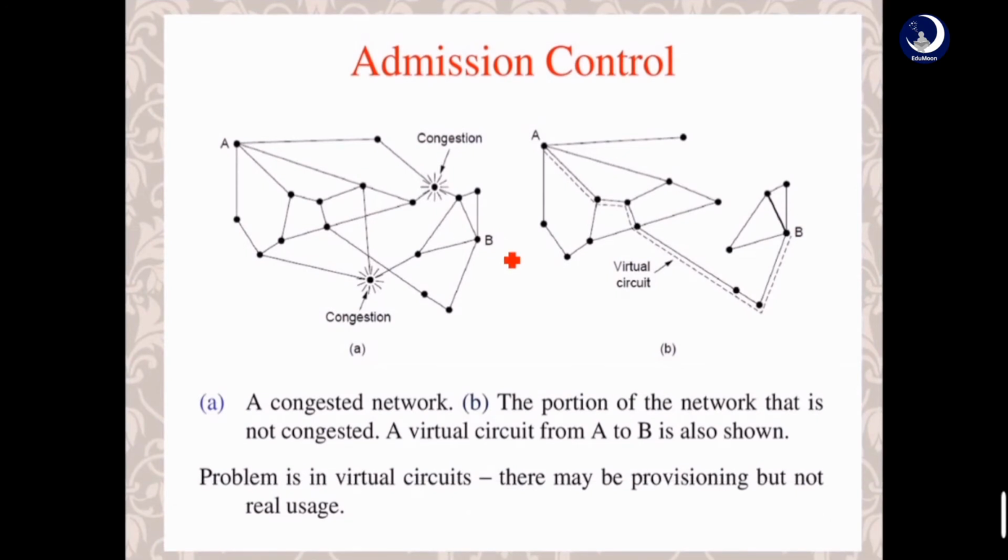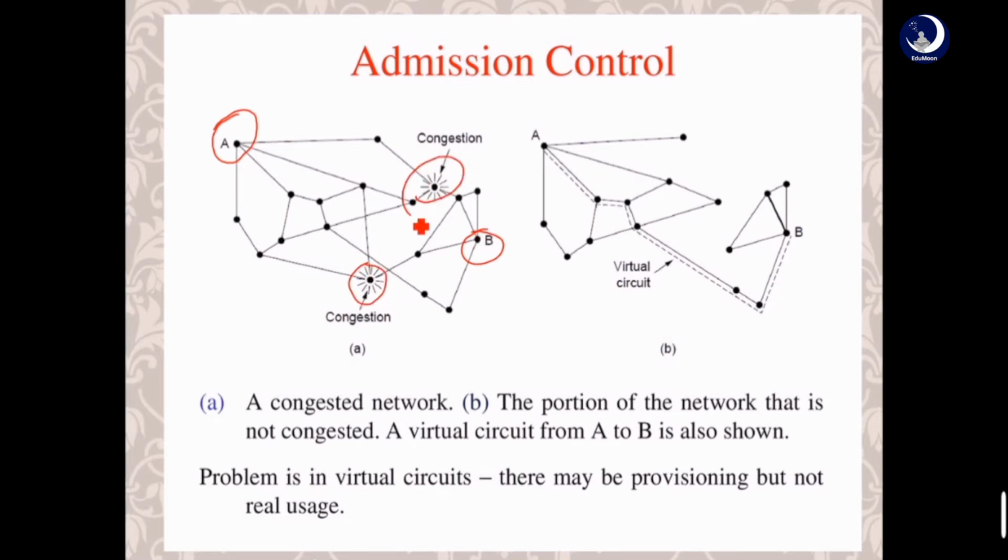It is used in virtual circuit networks. It does not set up a new virtual circuit unless the network can carry the added traffic without congestion. Commonly used methods are leaky bucket or token bucket. Admission control can be combined with traffic-aware routing by considering routes around the traffic hotspots. Suppose a host attached to router A wants to set up a connection to a host attached to router B. This connection would pass through one of the congested routers.